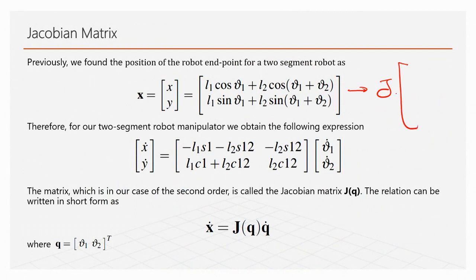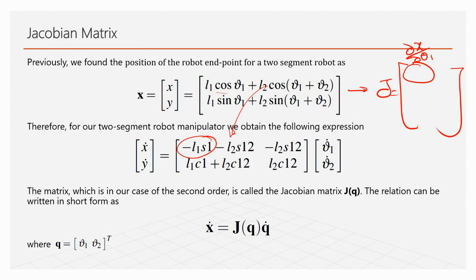The first component of the Jacobian matrix is the derivative of x versus theta 1. So here I have cosine becoming negative sine, and this becomes negative sine of theta 1 plus theta 2.